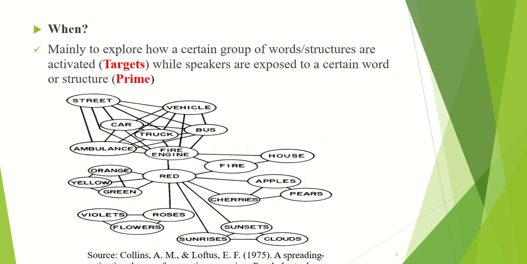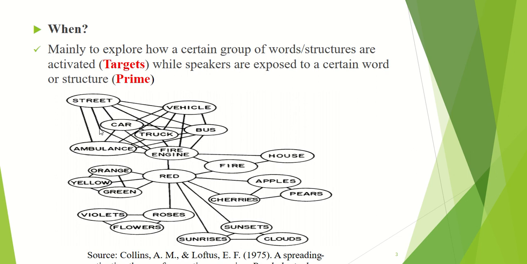So, imagine that, as you can see in this diagram, if language users are exposed to a word such as street, some other words might be activated in your brain. So when you hear the word street, words such as vehicle, car are activated.